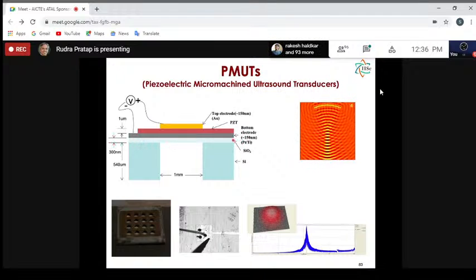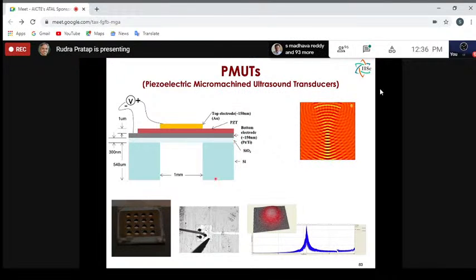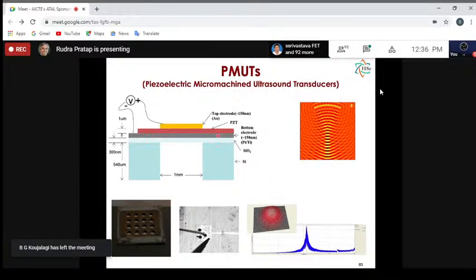That's the passive layer. This is silicon here, this is silicon oxide. Then you have a metallic electrode here. We generally do titanium and platinum, about 150 nanometers. And you have PZT here, right?